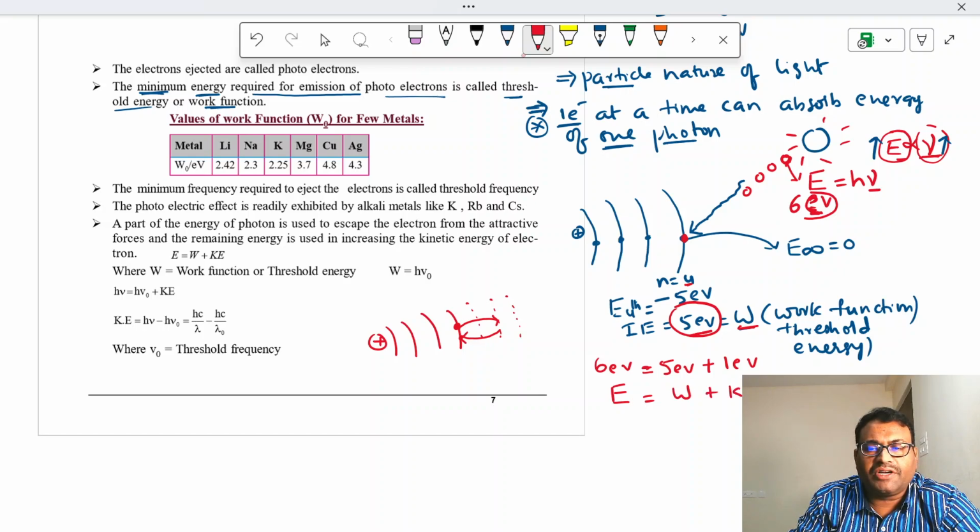It converts into kinetic energy. So the energy falling on this metal surface is used for two purposes. One is for the electron to come out of the atom, another is converting into kinetic energy. This also explains the law of conservation of energy.